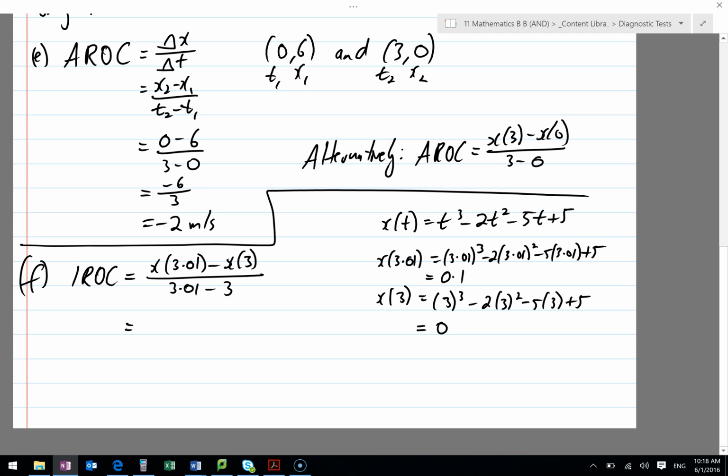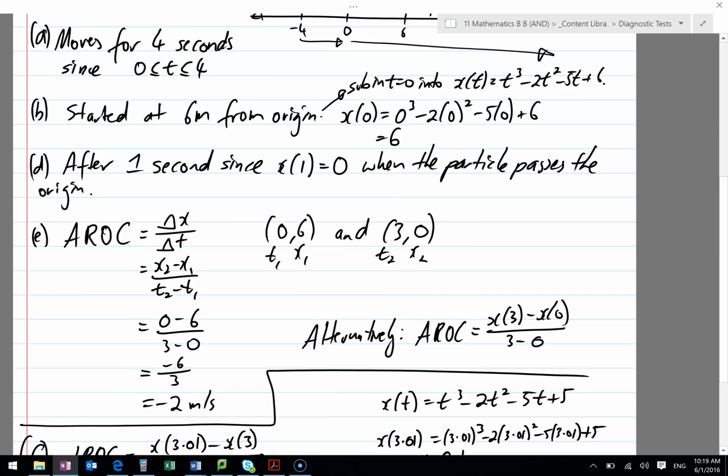And now it's just a case of subbing in all these values. I'll end up with an instantaneous rate of change of 10 meters per second, once I put all that in my calculator.